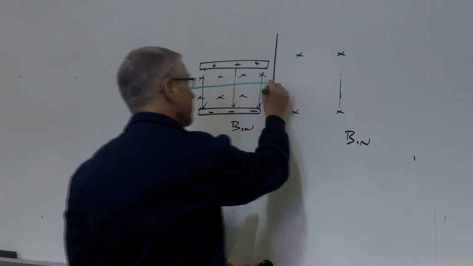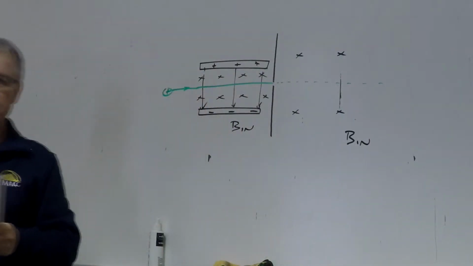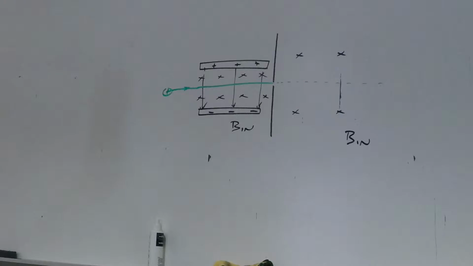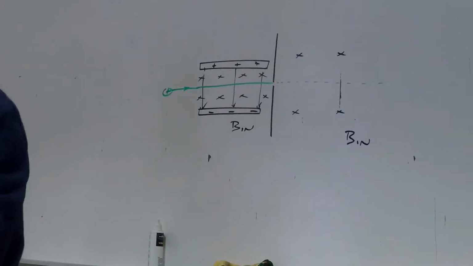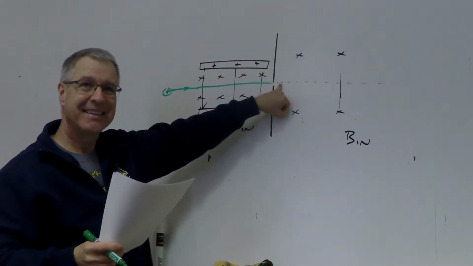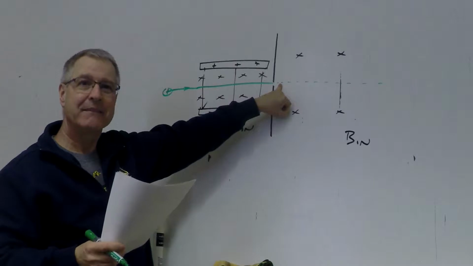Here's what would have happened if it kept going straight. So what does your right hand say our particle's going to do? So what's happening to it right here? Going up, right?